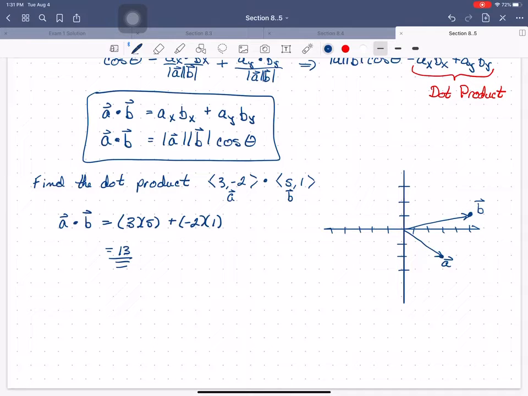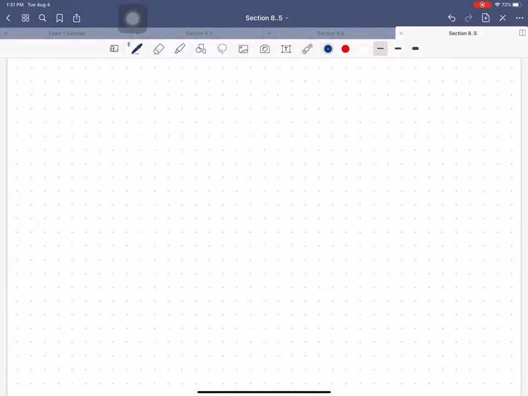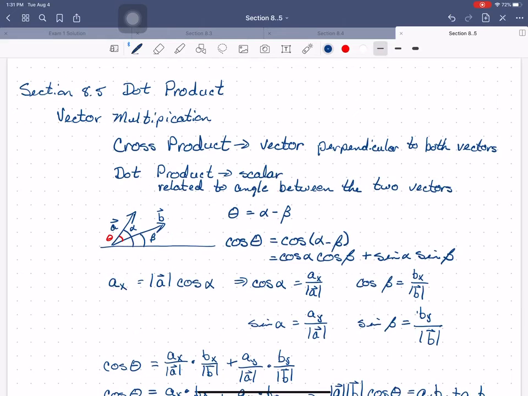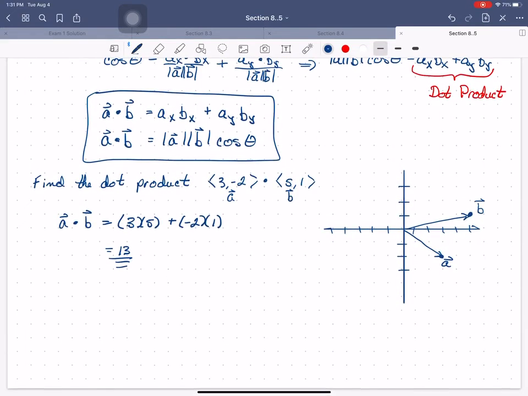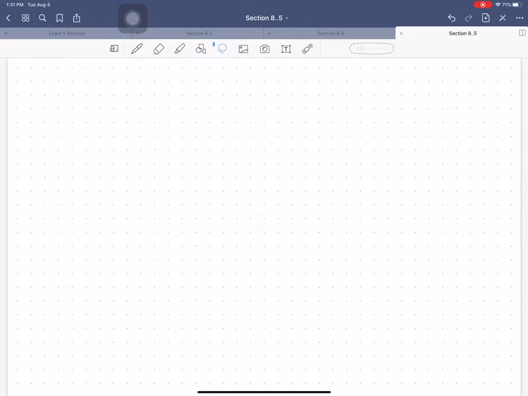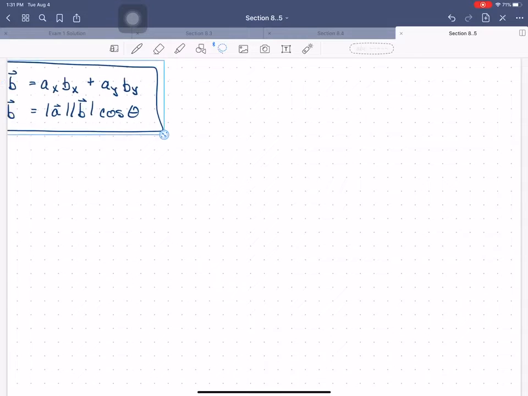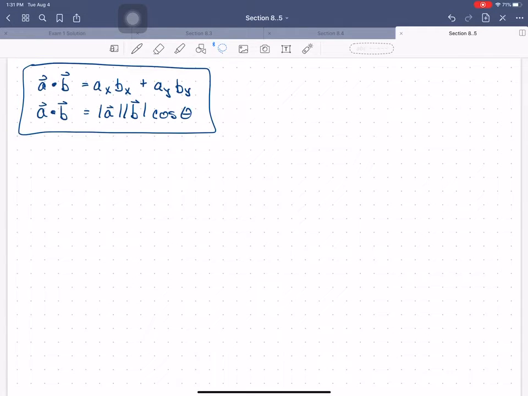Okay, so now let's suppose we've got a slightly different question at hand. And I'm just going to copy over my dot product definition so I keep them fresh in my mind. So suppose I've got an object and it's being acted on by two vectors.